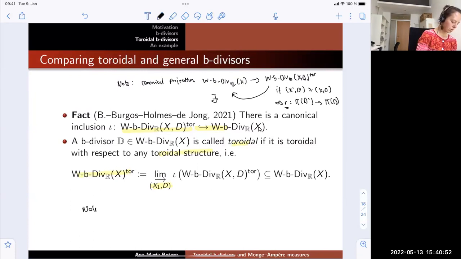Note, any Cartier b-divisor is toroidal, by resolution of singularities. Any Cartier b-divisor is toroidal with respect to some toroidal structure. So you see that these toroidal b-divisors lie in between Weil and Cartier.